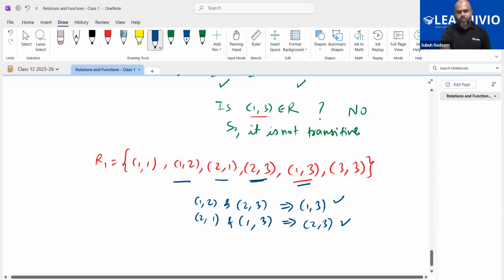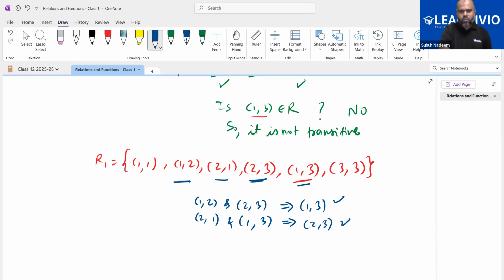This also we have. Now (1,3) we move to. (2,3) ends with 3 and this is (3,3). So obviously (2,3) is already there. (1,3) and (3,3) will give (1,3), which is there. For (3,3), nothing starts from 3 other than itself, so it is okay.